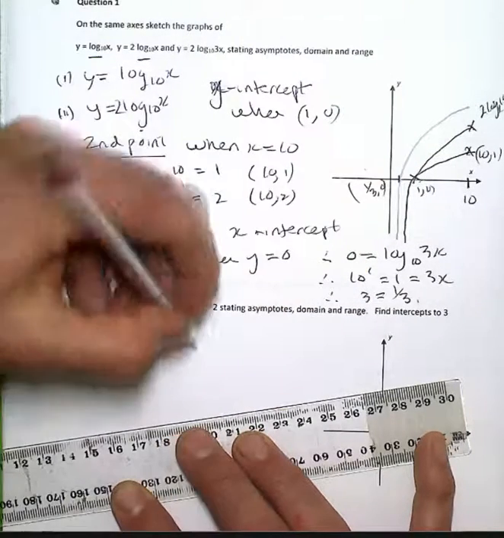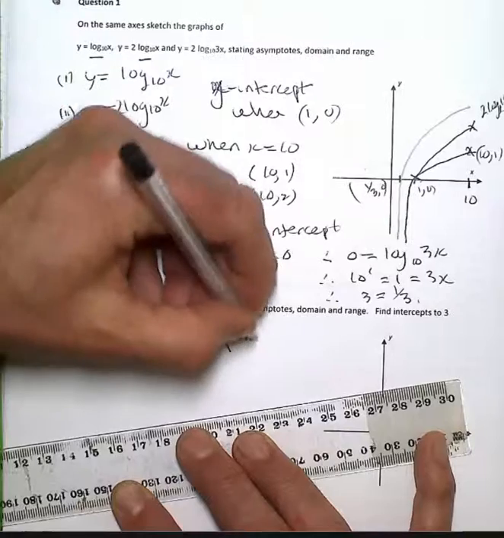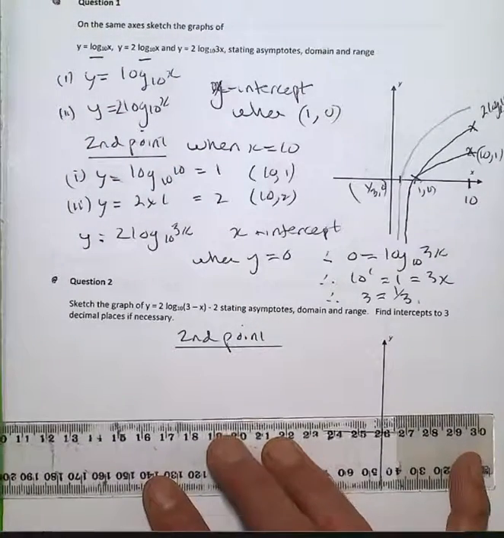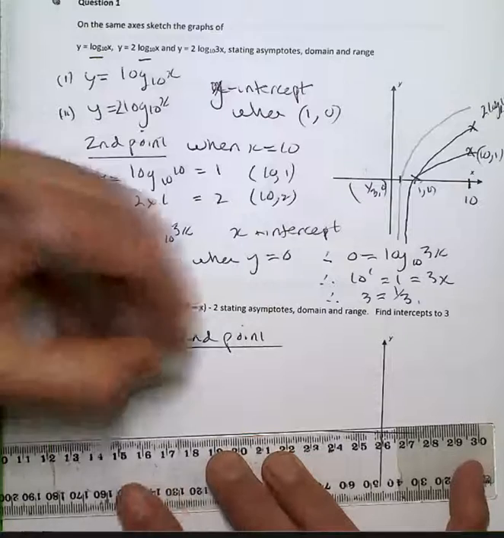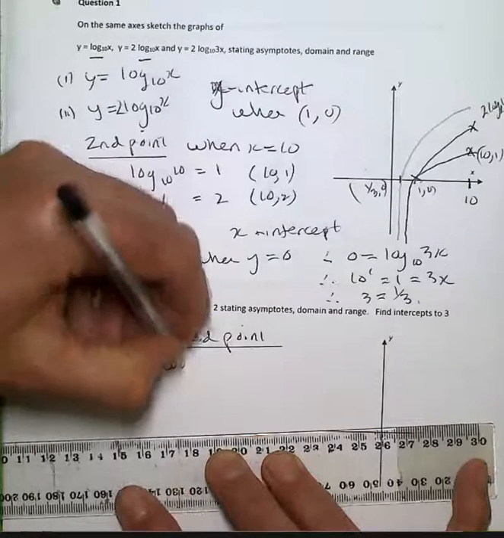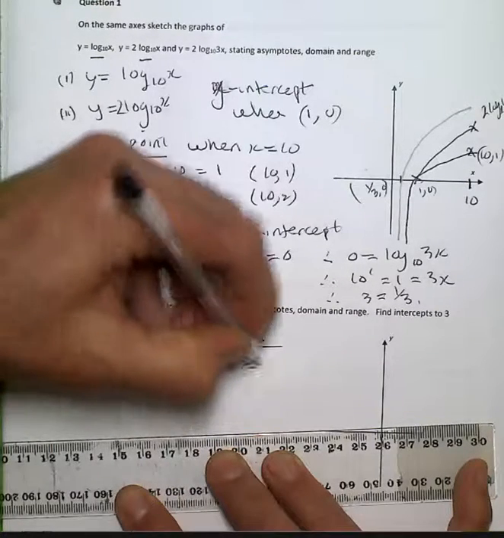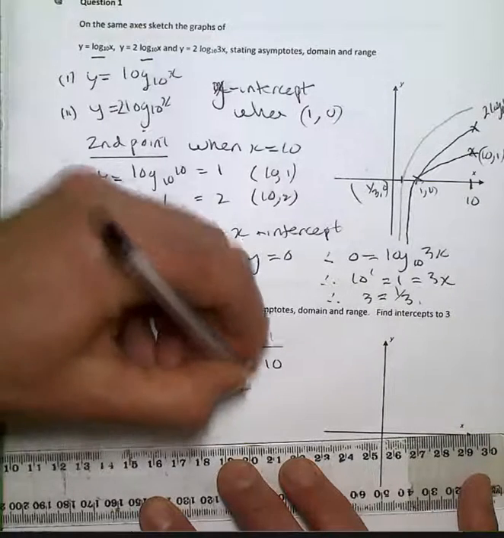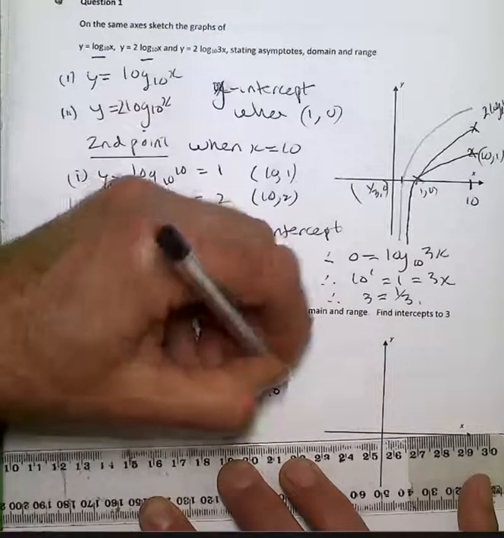A second point, to choose a second point, I may as well choose the value of 10. So when x is equal to 10, y is equal to 2 times log of 30.